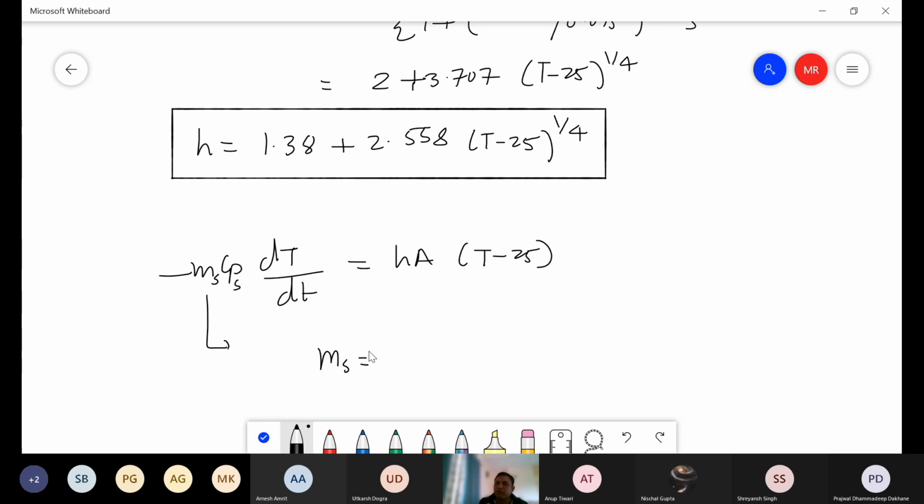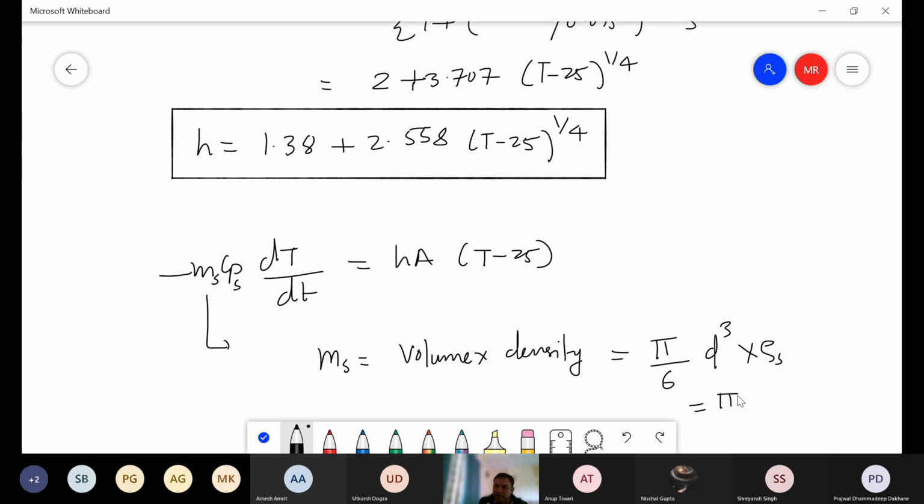Mass of the sphere will be given by volume into density, and volume will be given by pi by 6 d cube, isn't it? This will be volume into rho s.